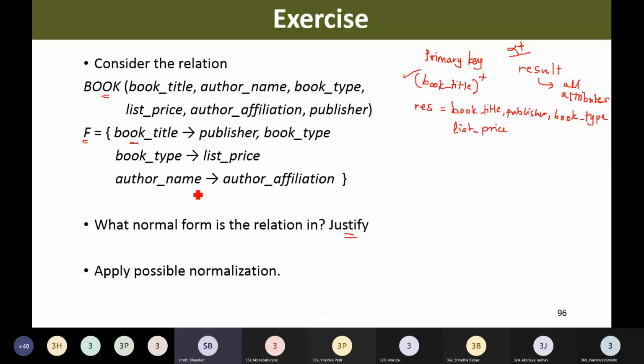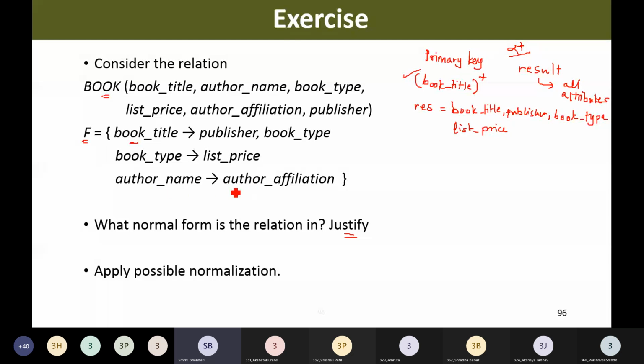Now let us go to this third dependency, author name determines author affiliation. Whether author name is present in my result? No. So author name cannot be added to my result.